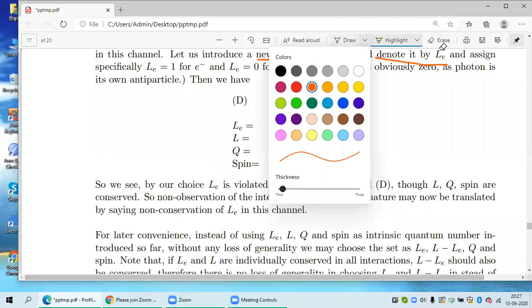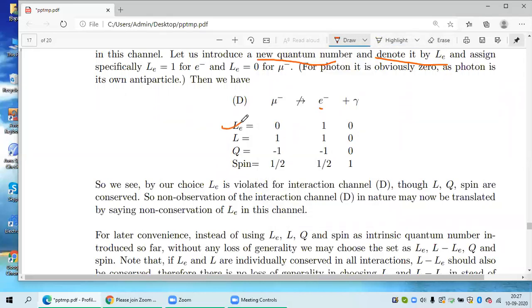LE and L are so chosen that they are conserved in all reactions. For the other reactions which we have not yet revisited, we have to assign these particles X in such a way that LE and L are individually conserved in all the reactions that happen.